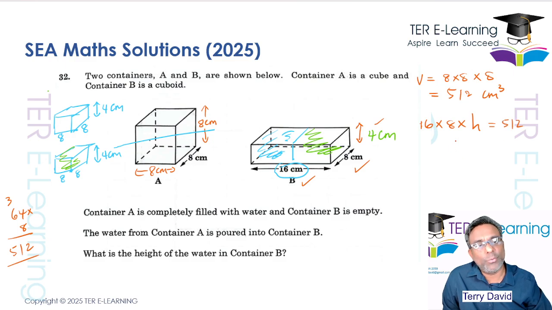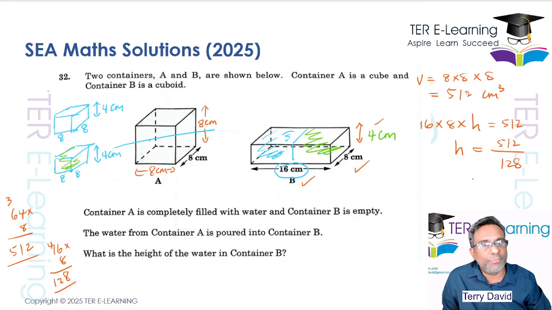So to work out the height, I'm going to say 512 divided by, now 16 by 8, let's work that out first. 16 by 8 is 128.